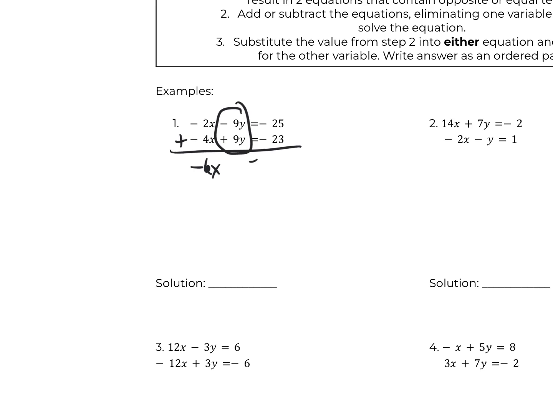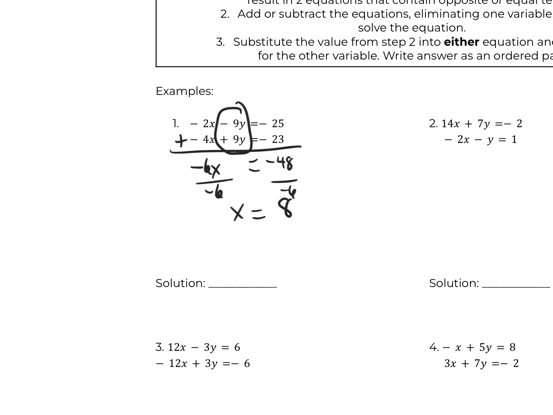They cancel each other out. And then we're going to add the -25 and the -23. That equals -48. So I have -6x equals -48. Now I'm going to divide both sides by -6.